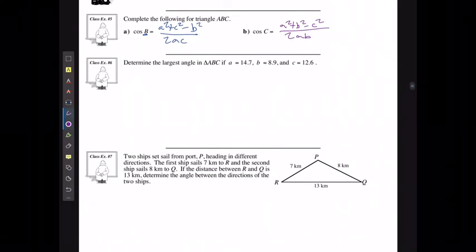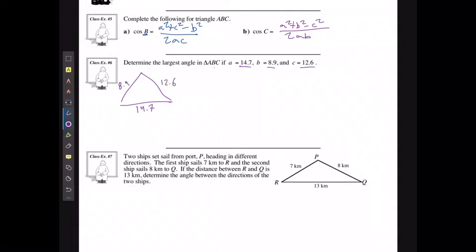Now, how are we going to put this into practice? It says that it wants us to determine the largest angle in triangle ABC if A is 14.7, B is 8.9, and C is 12.6. Well, if I draw out this triangle, and it doesn't have to be to scale, so don't worry about that, then one side is going to be 14.7, one side is going to be 8.9, and one side is going to be 12.6.